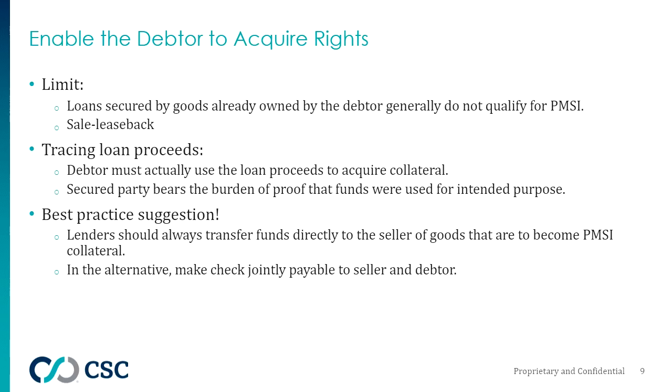That way there's some evidence, some way to show that the funds actually flowed from the lender to the seller, which demonstrates that the debtor was able to acquire the rights in the collateral thanks to the funds provided by the purchase money lender.